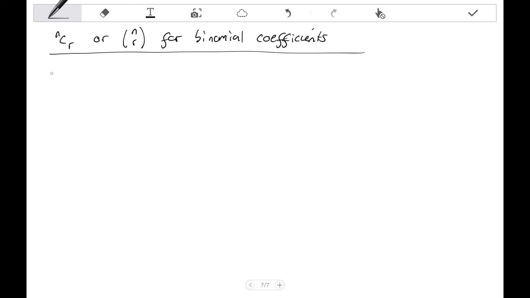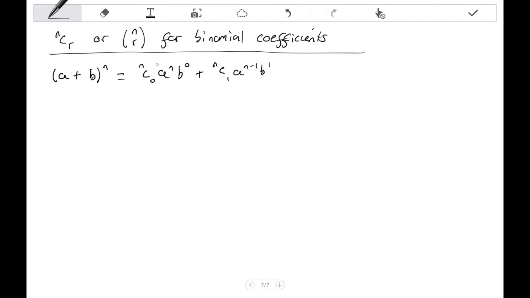What does that look like? Well, let's look at a add b again to the power of n. It'll look like this. We've now got our unknown coefficient, which would in fact be the first number in that row of Pascal's triangle, and then we'd have it times a to the n times b to the 0. And we add on n choose 1, a to the n minus 1, b to the 1.